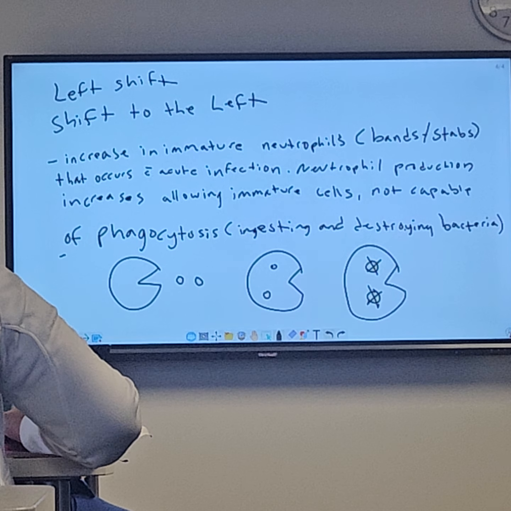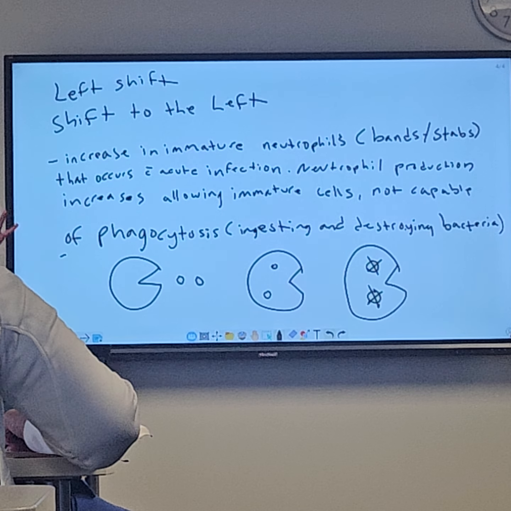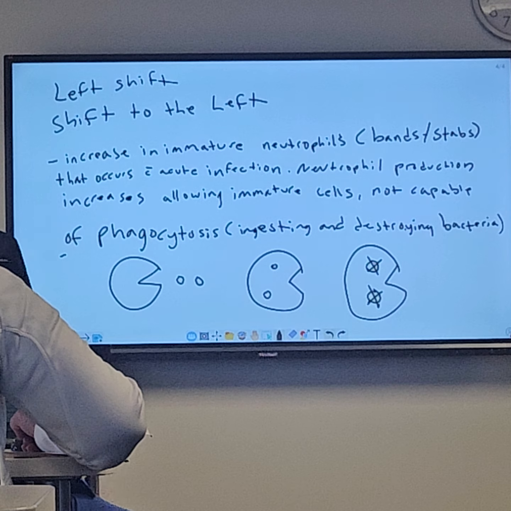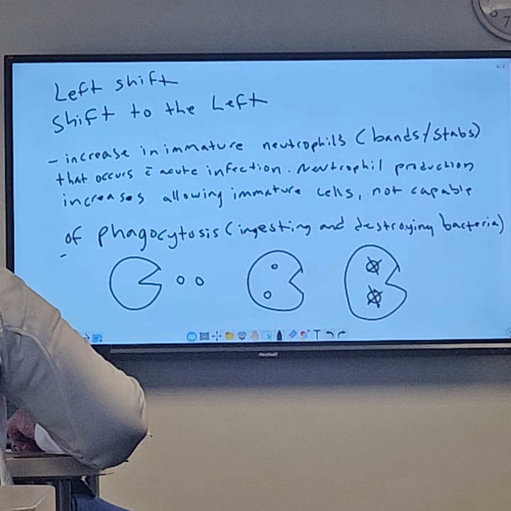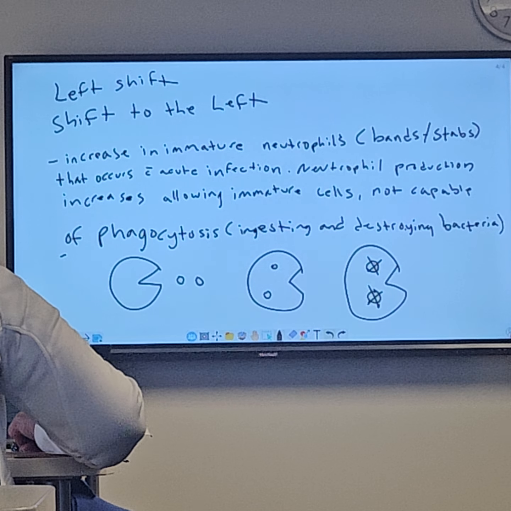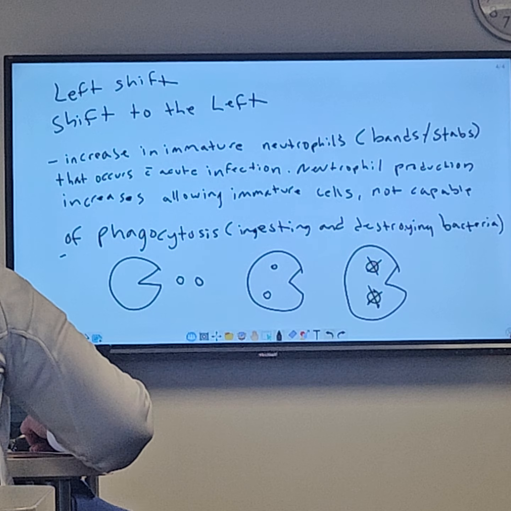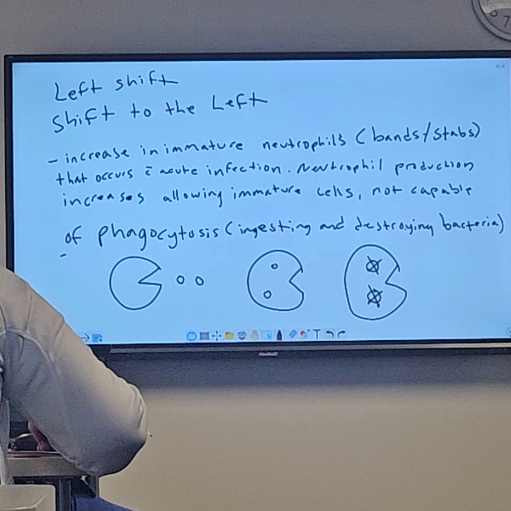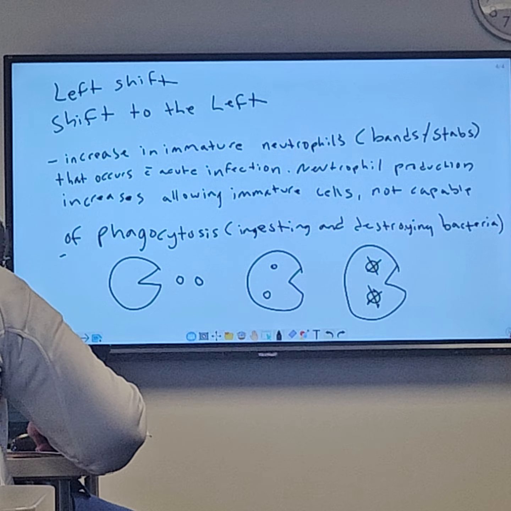Your neutrophils can engulf bacteria or other antigens and they break it down. But if you release immature cells, they are not able to do this. These immature cells are known as stabs or bands.